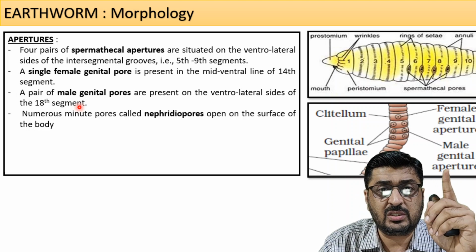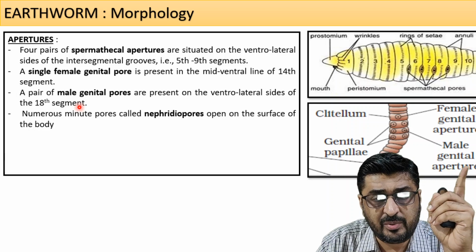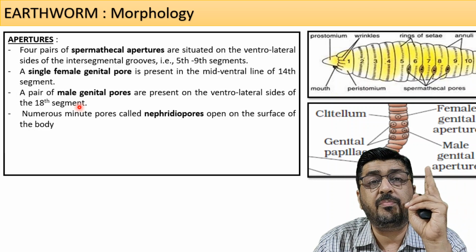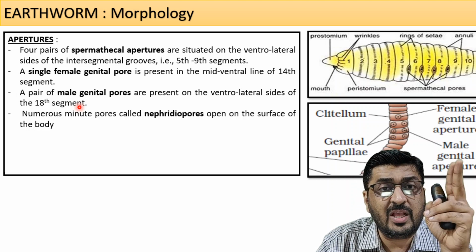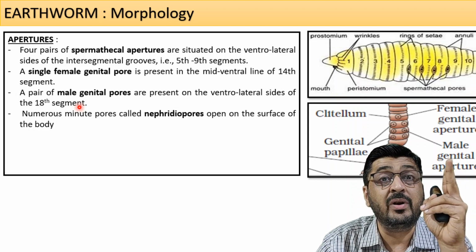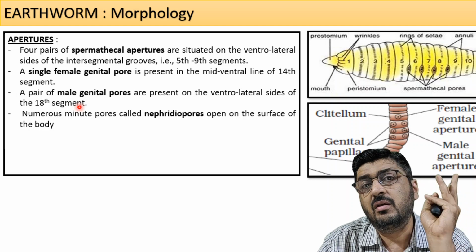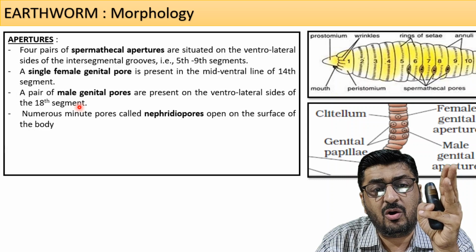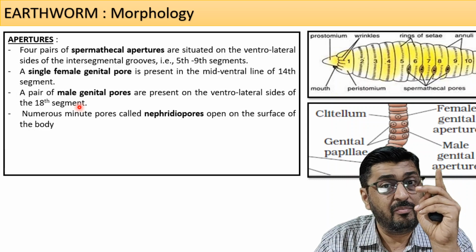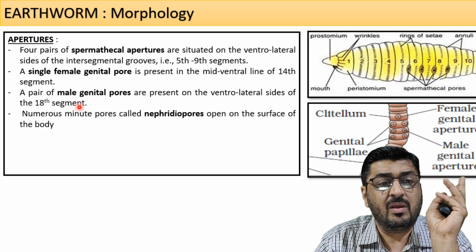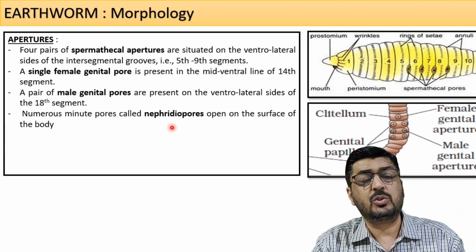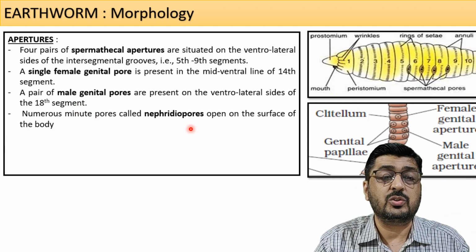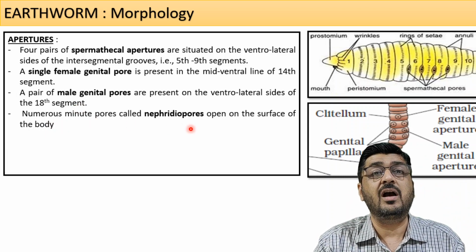So spermathecal apertures are one type of aperture. Second, the female genital pore, ventral mid-ventral, 14th segment. Third, the pair of male genital pores on the 18th segment, ventrolateral, and numerous minute pores called nephridiopores, the openings of the nephridia.